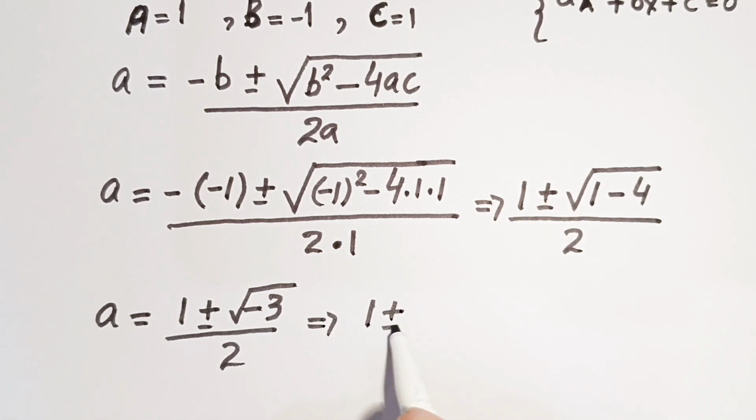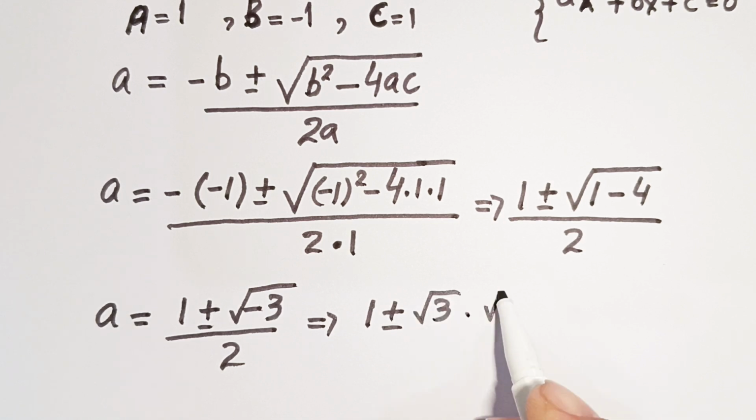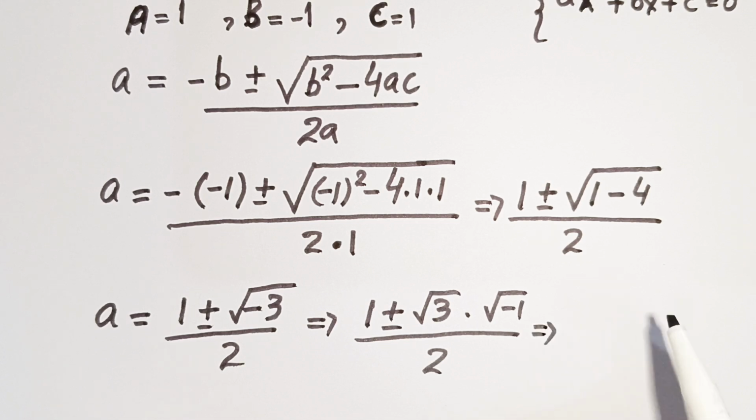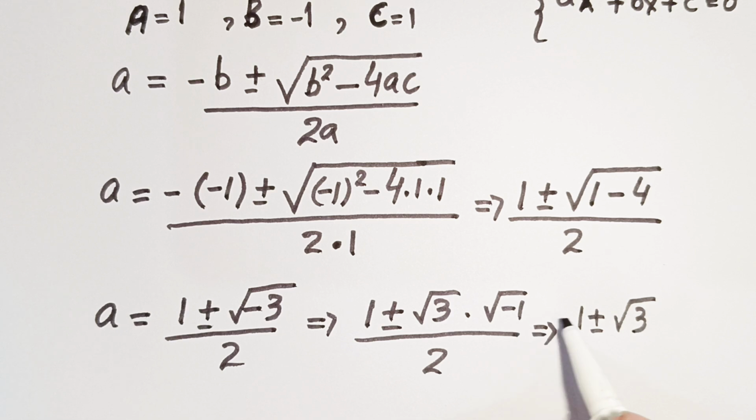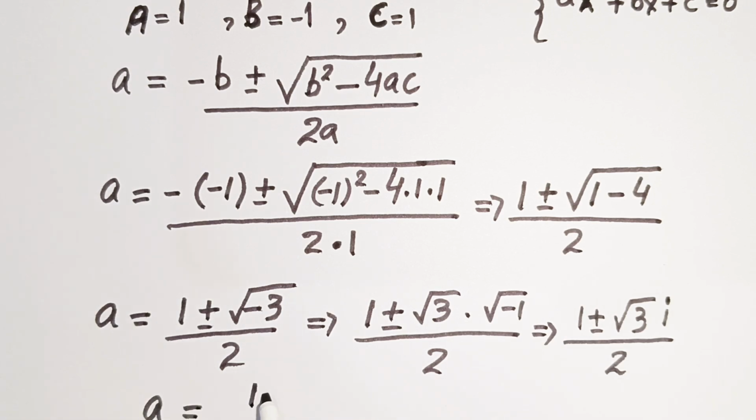So we have 1 plus minus, here it can be written as square root of 3 times square root of minus 1, all over 2. As we know that square root of minus 1 is equal to i, now we have two values of a: a is equal to 1 plus minus square root of 3 i, all over 2.